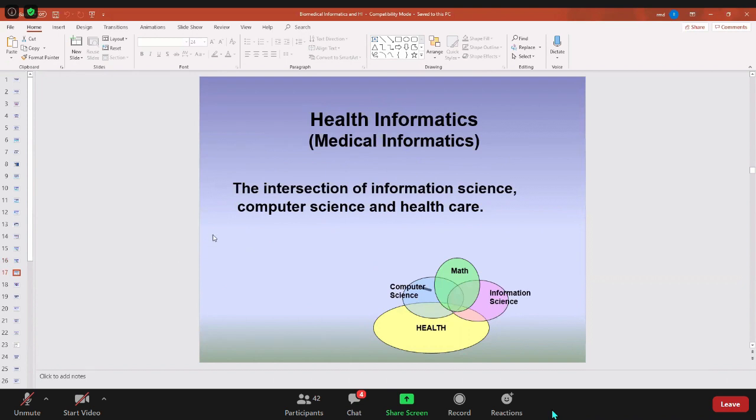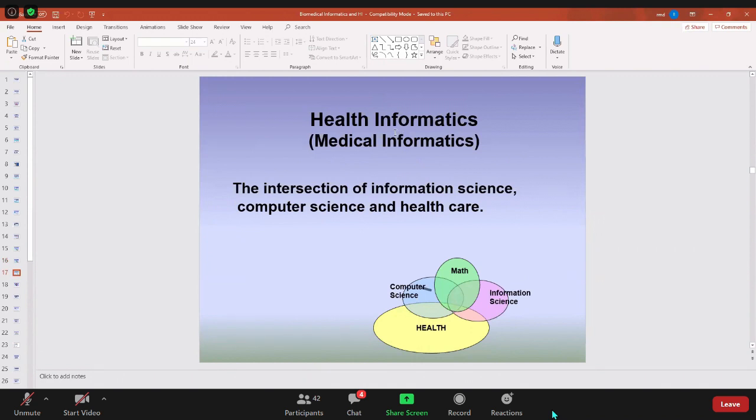So let's move on to health informatics. We have covered a little bit on biomedical informatics. Later I will show you the differences in table form between biomedical informatics and health informatics. Sometimes the terms medical informatics and health informatics are used interchangeably, but there is a slight difference between these two terms.